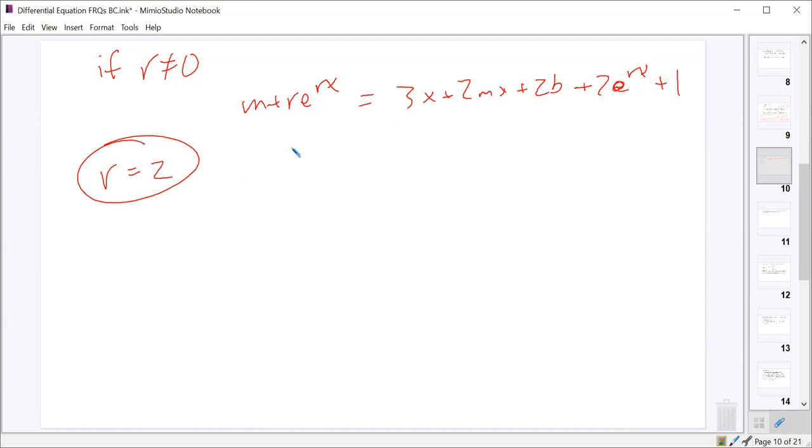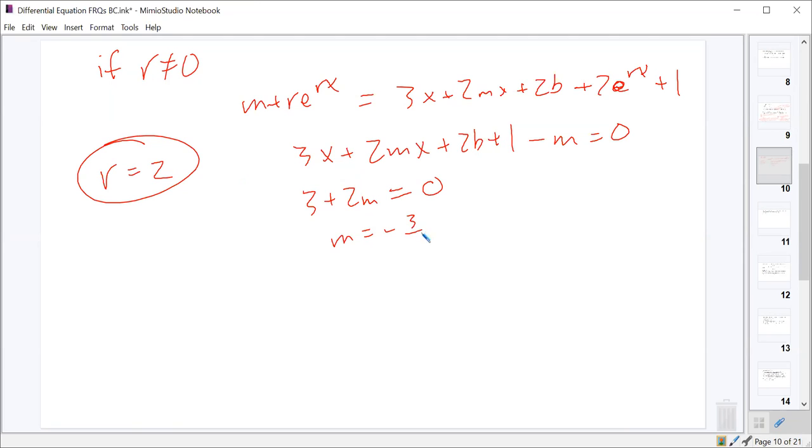We'll bring the m over, so the r e to the rx and the 2e to the rx can go away now, and we're just left with 3x plus 2mx plus 2b plus 1 minus m is 0. And then on this side we have 3 plus 2m x's, and on this side we have 0 x's, and that would give us m is equal to negative 3/2, which I believe is what we got before.